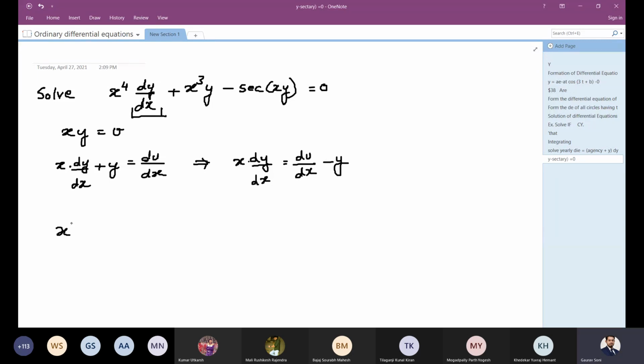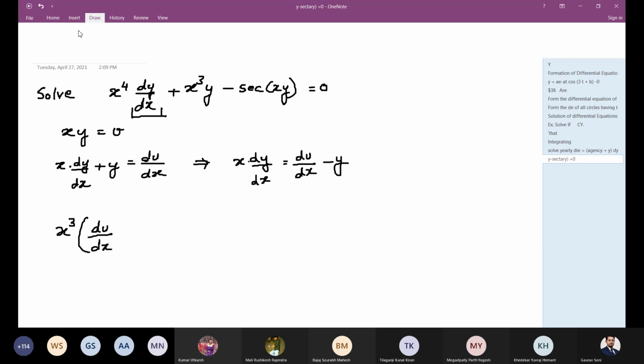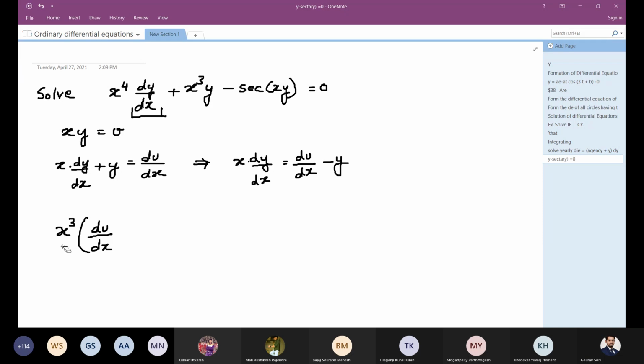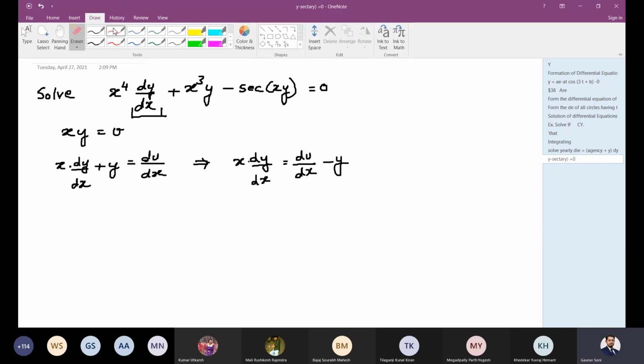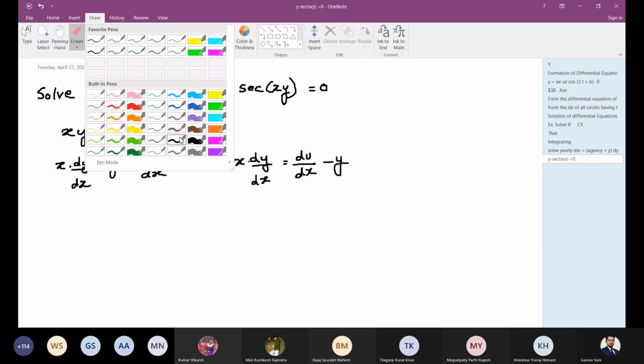So x cube in bracket, what you will get, du by dx. Yes, this will require a bit of discussion before you start solving.